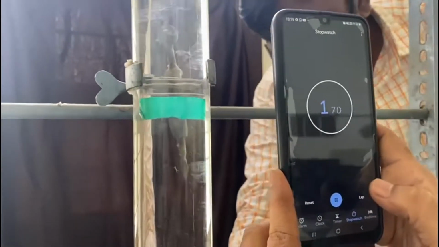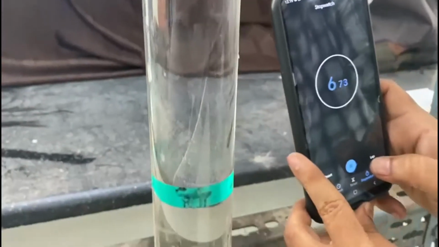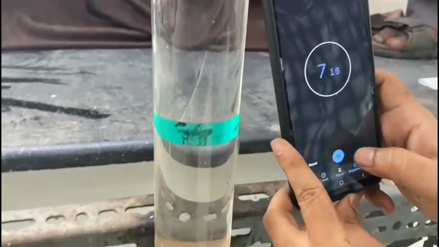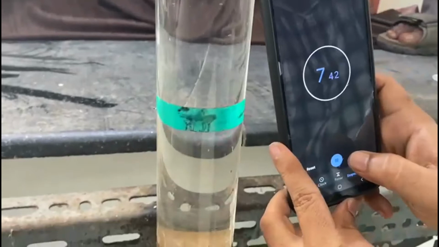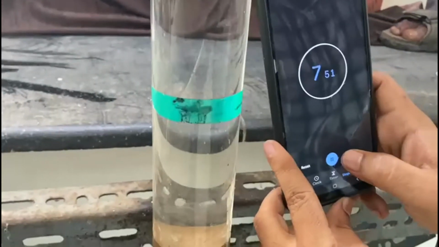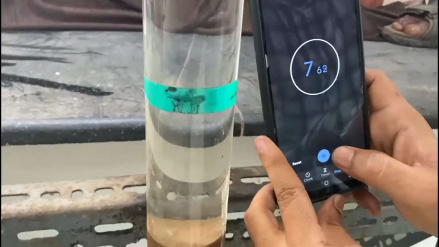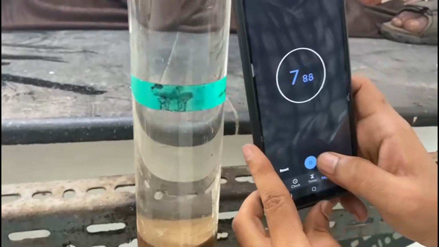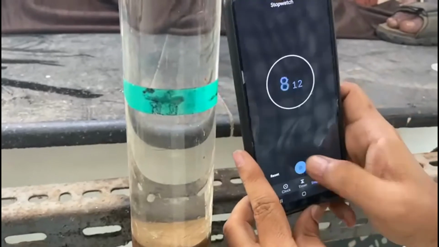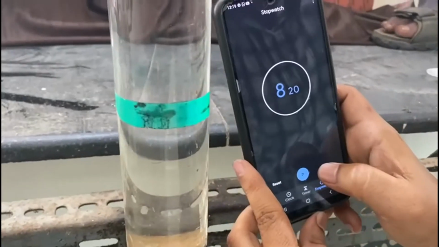Once the ball reaches the first green line, we start the stopwatch, and once it goes down, we stop when it crosses the second one. We are showing you this in slow motion. You can see the bead crossing just above the green line. You have to stop the stopwatch exactly when it is crossing the green line.